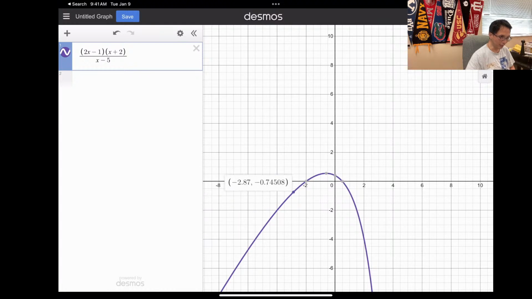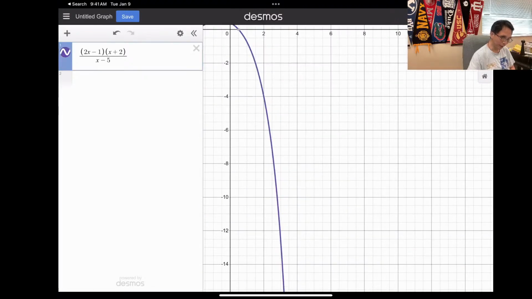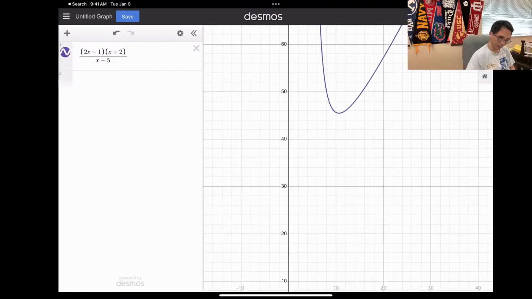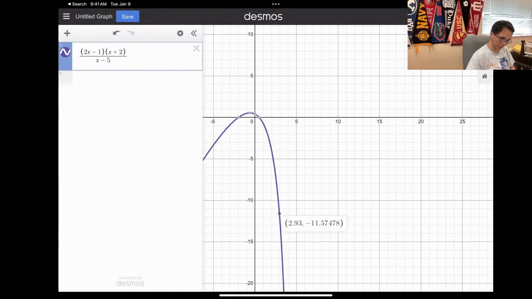Negative infinity to negative 2, it's fine. And from 0.5 to the vertical asymptote here. I think it's 5.